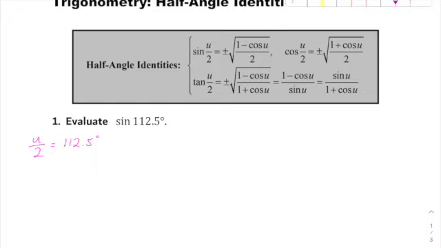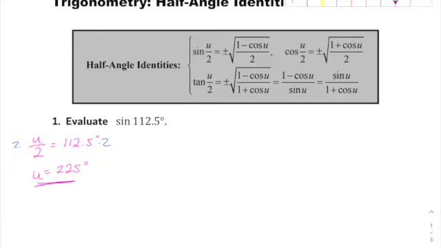we're going to let it represent 112.5, the sine that I'm trying to do, and basically just solve that for u. So multiply both sides by 2, and what is double, or 2 times 112.5? That would be 225 degrees, and that should look like a familiar angle to you.